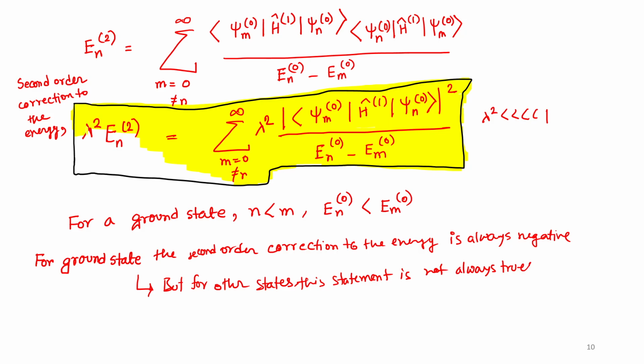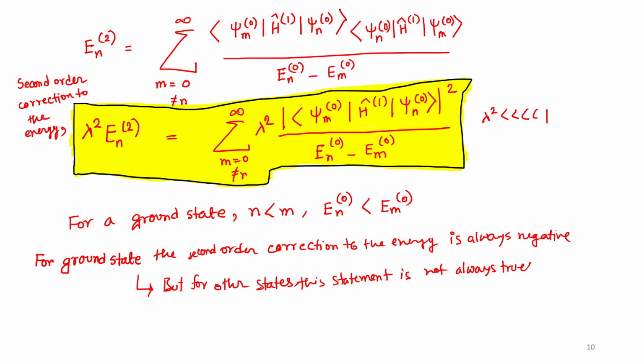If you knew that for the ground state the second order correction is always negative, you could choose the negative option only. You don't have to think about the other terms which are positive.